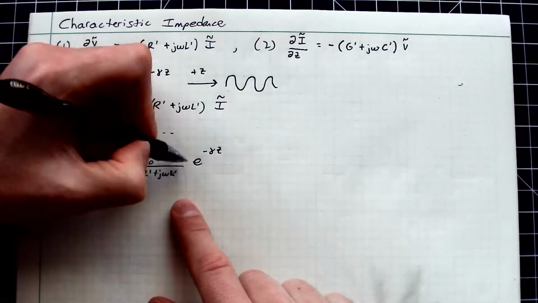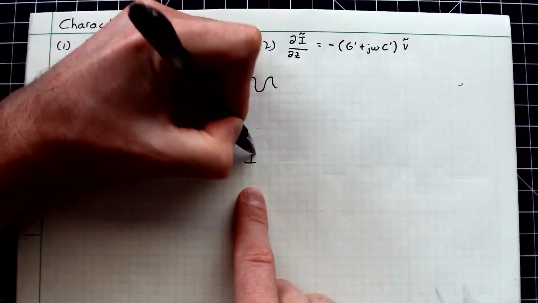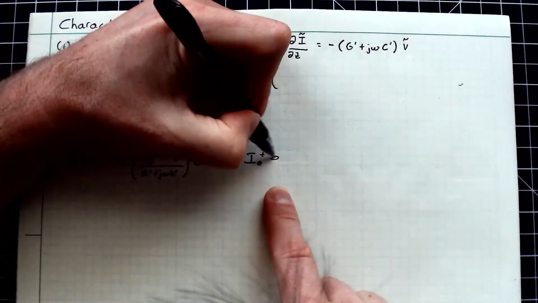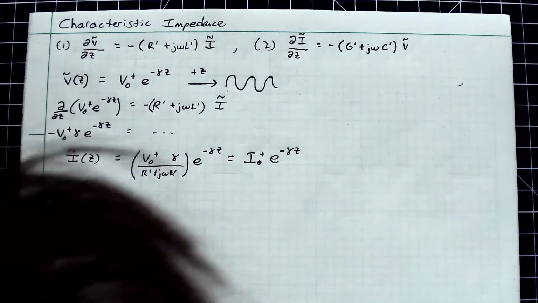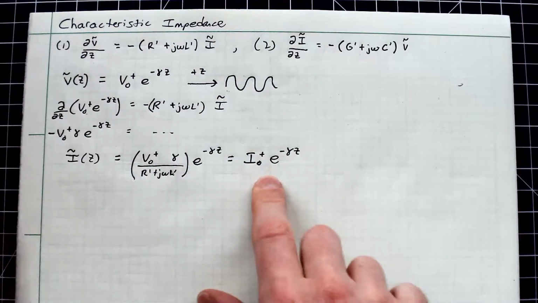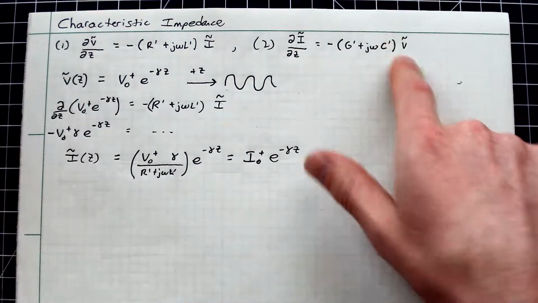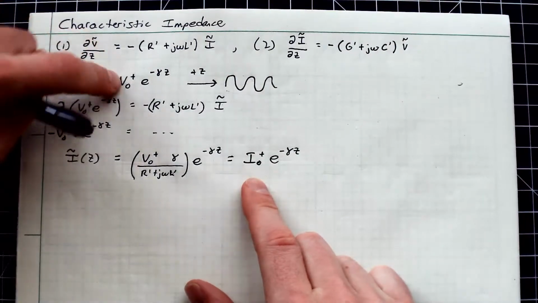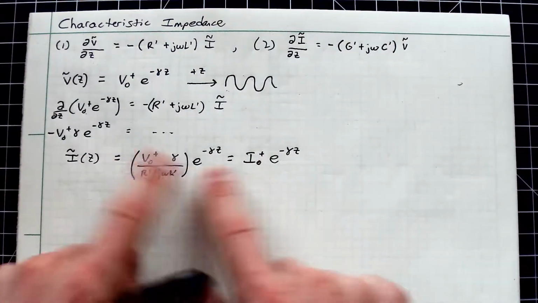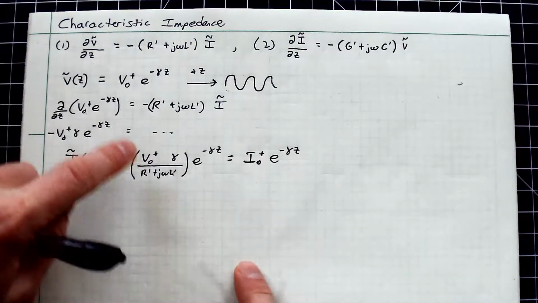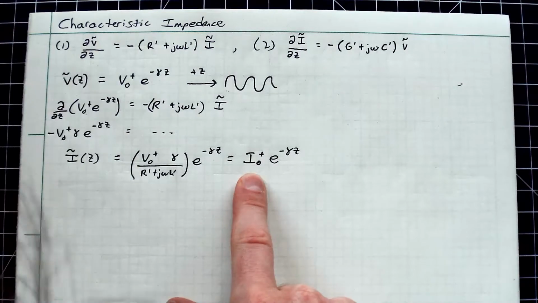This has the form of essentially I naught plus e to the minus gamma z, just like we expected before. So we know that this current is a solution to my wave equation, and this voltage is a solution to my wave equation, but now I have an expression that ties the two together. If I am given one, I now know exactly what the other one will be.